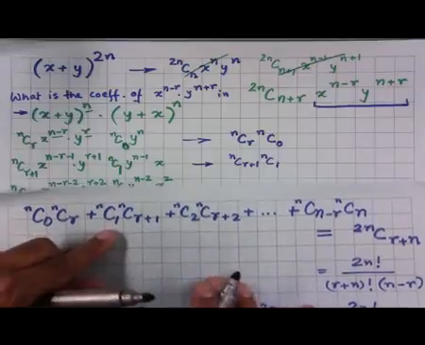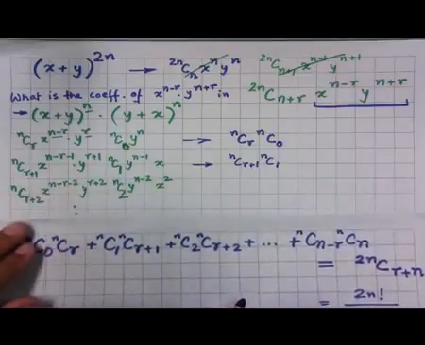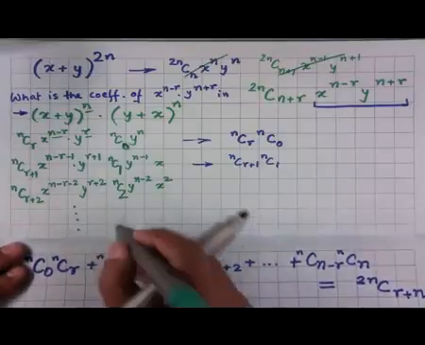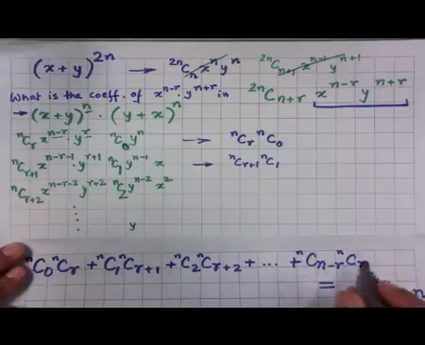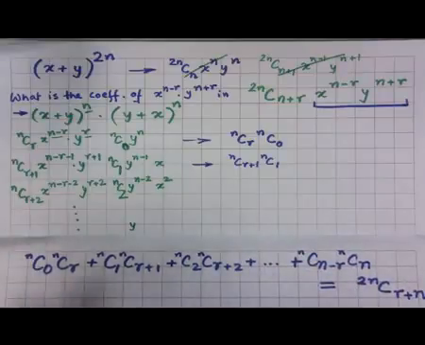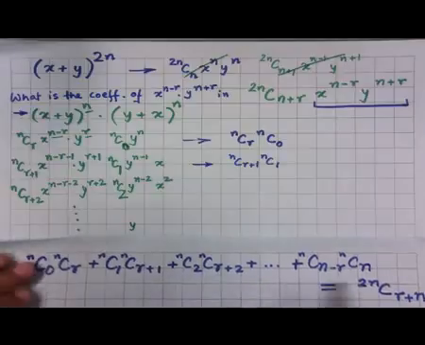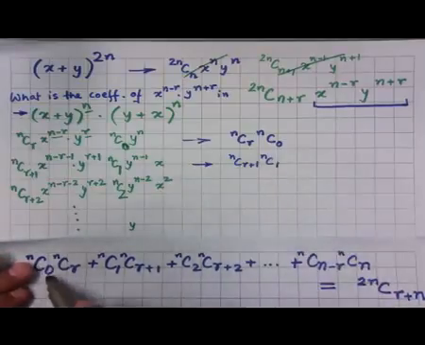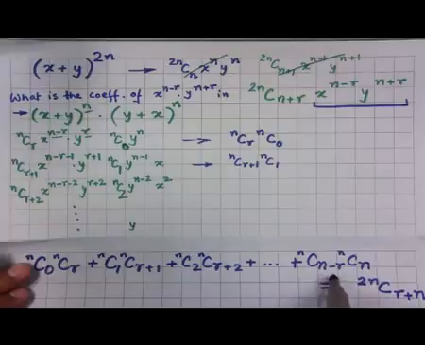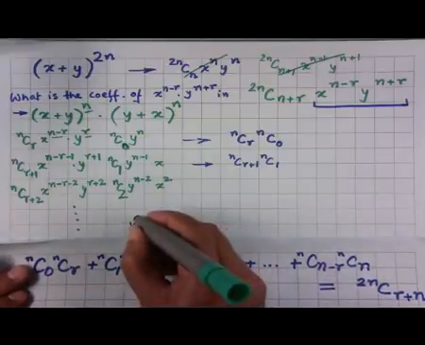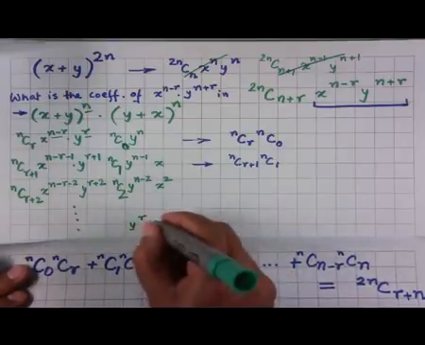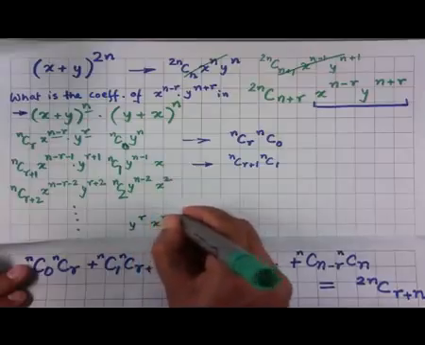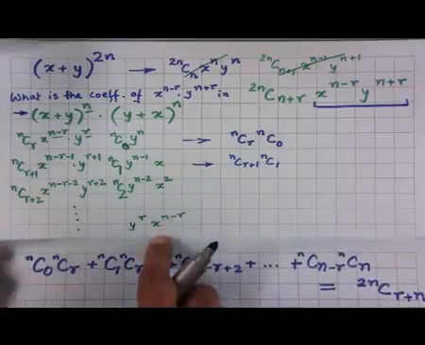So, like this you are going to keep going till y power r, so the y's are tracking over here. So, C1 C2 all the way till C(n minus r), y power r, x power n minus r on this side, right.